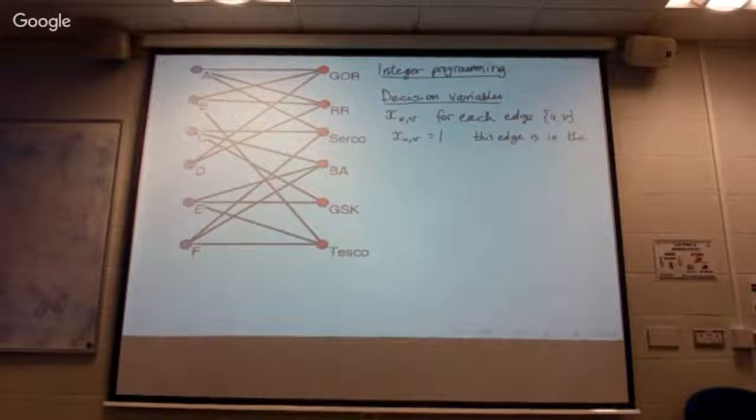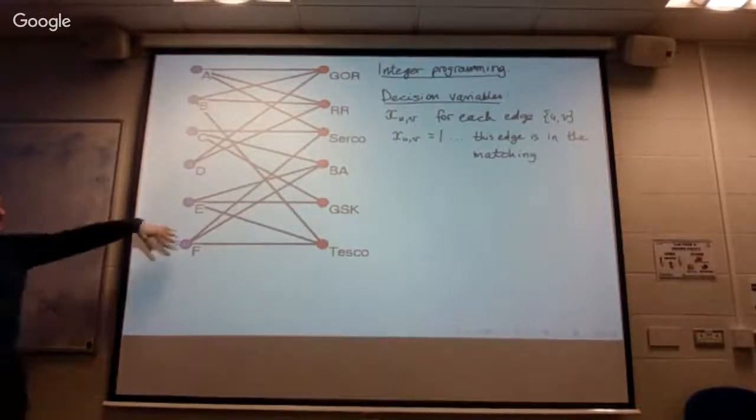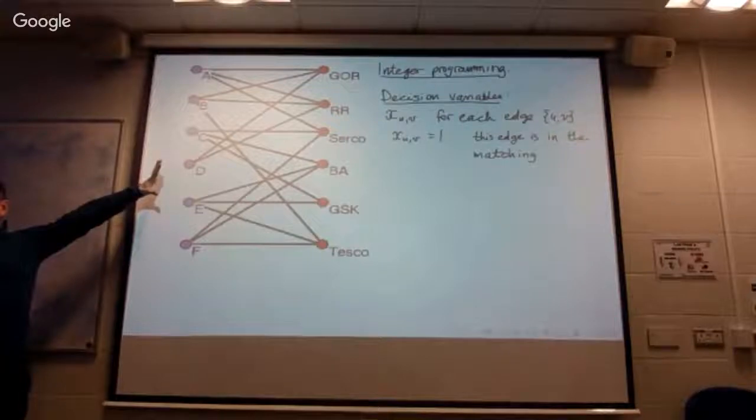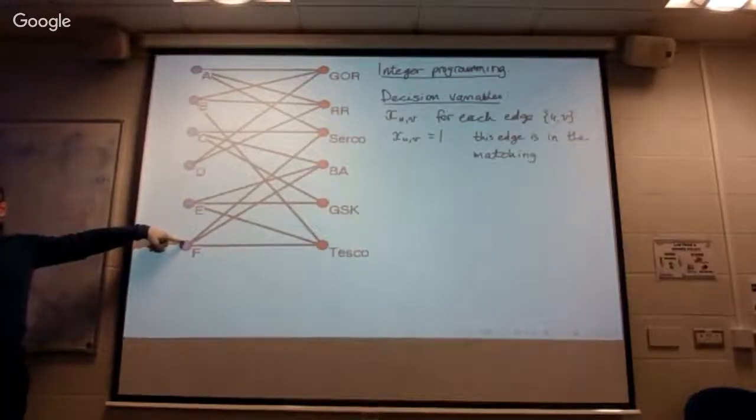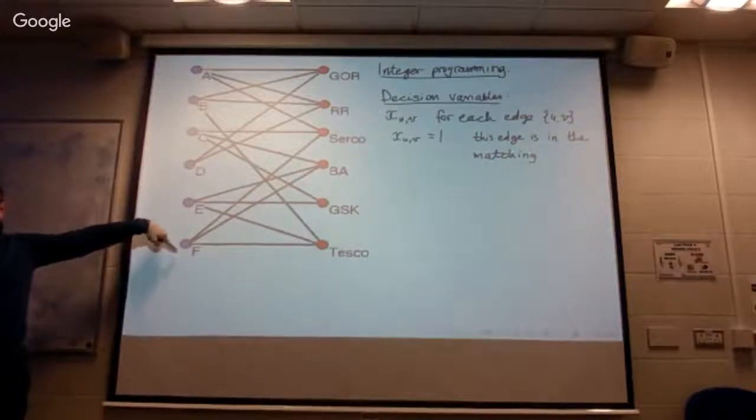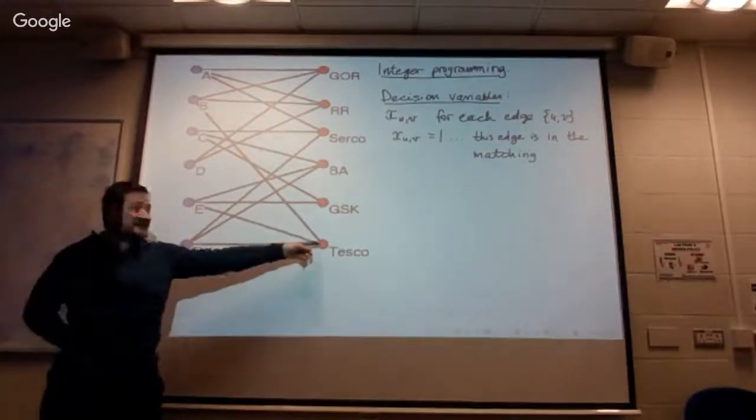So matching is what we're looking for. Matching is, again, you select some of the edges in a way so that no blue vertex would have two edges incident with it in that subset. No red vertex would have two of those edges.